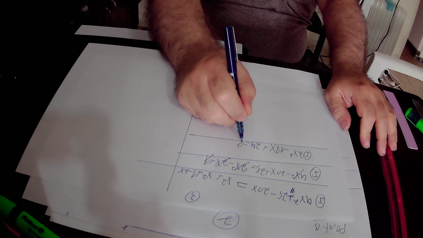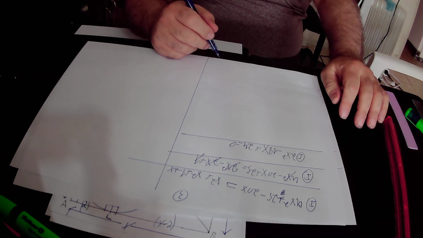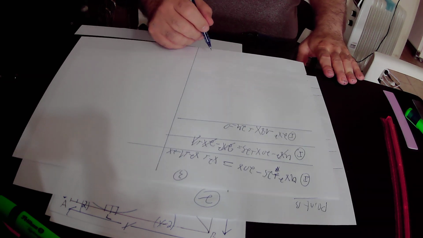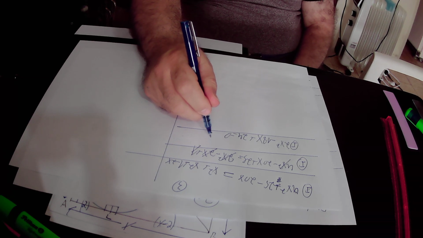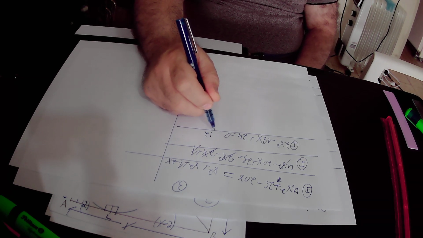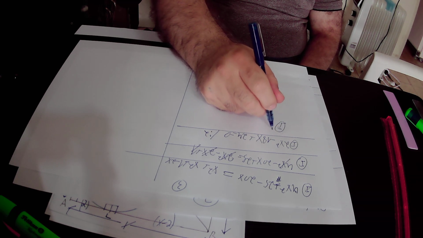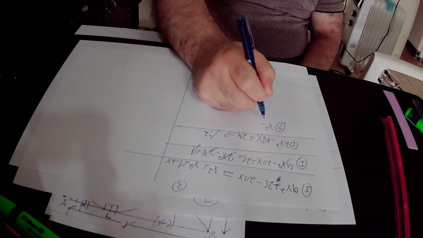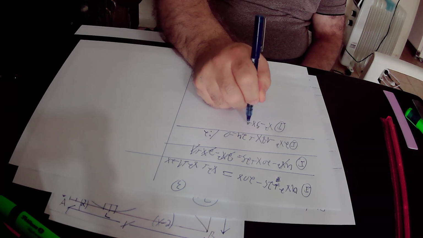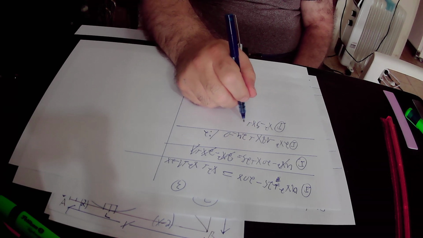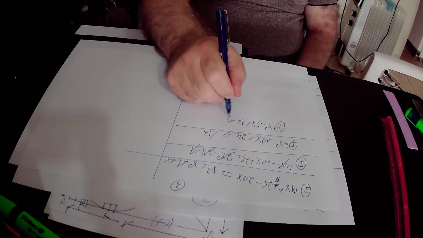That is equal to 0. So here we got the quadratic equation 2x squared minus 18x plus 24 equals 0. Here we divide this equation by 2, and we get 2x squared over 2 is x squared, minus 18x over 2 is minus 9x, plus 24 over 2 is 12, and 0 over 2 is 0.